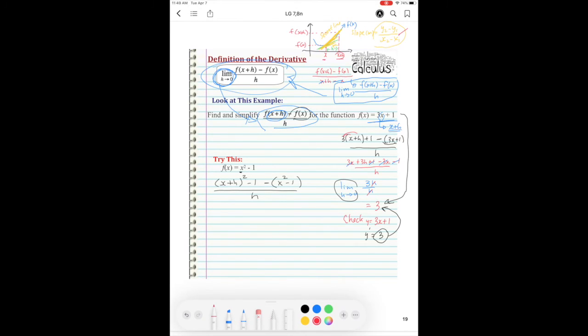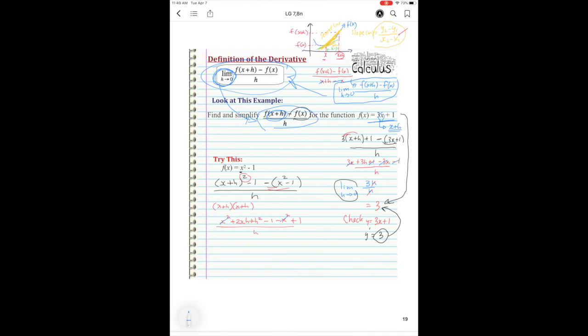Okay, let's simplify. Okay, so remember, this means you have 2 of them. That's square, right? So when we FOIL that out, we know we get this minus 1. This changes both of those to minus x squared plus 1 all over h.